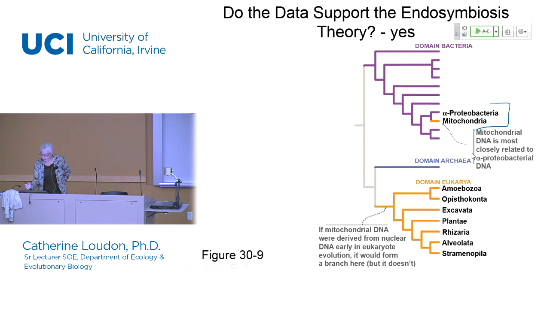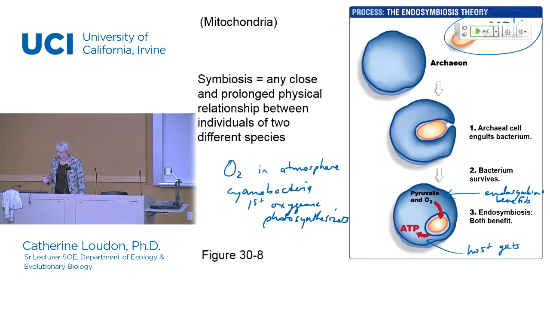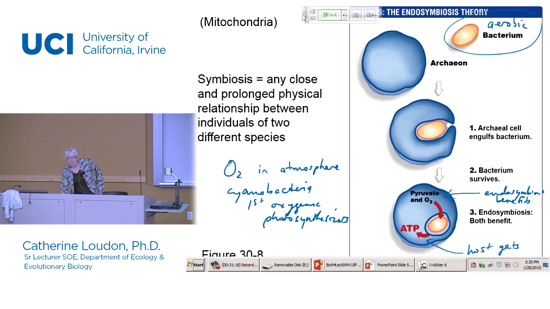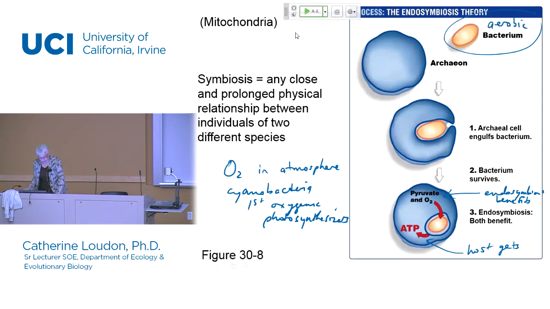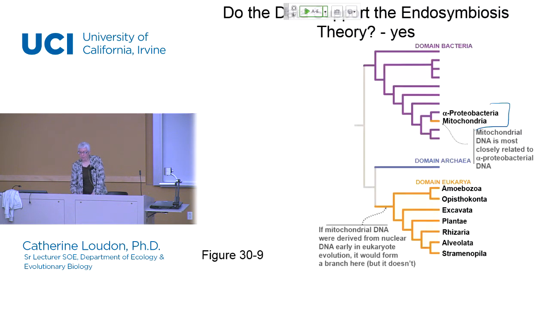So therefore, it is assumed that this bacterium was presumably an alpha proteobacterium, or alpha proteobacterium type bacteria. Right? Does that make sense? Does that make sense why that's evidence for the endosymbiotic theory?